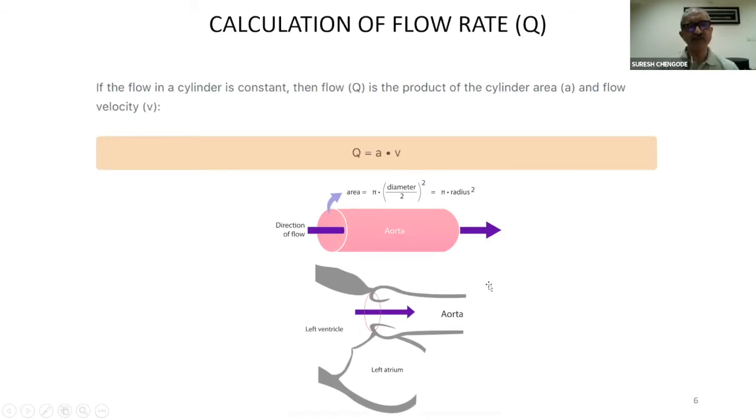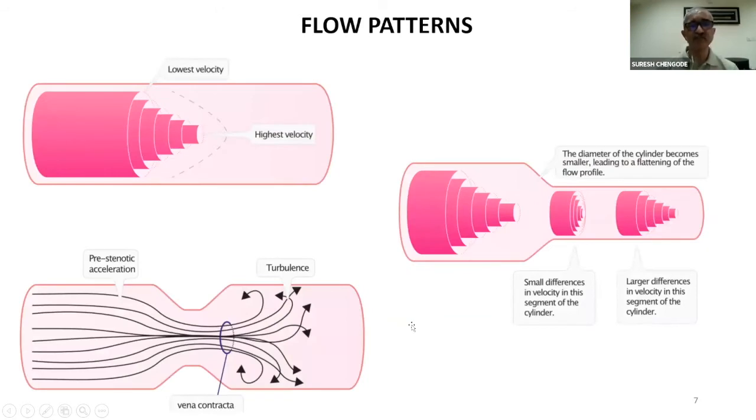The most important reason is the variability of the flow pattern within the cardiac chambers. Even when it is laminar, it can have a parabolic profile which changes to a flat profile when it enters a narrower chamber, then back to a parabolic profile, or sometimes when it goes through narrow orifices, it becomes quite turbulent as well.